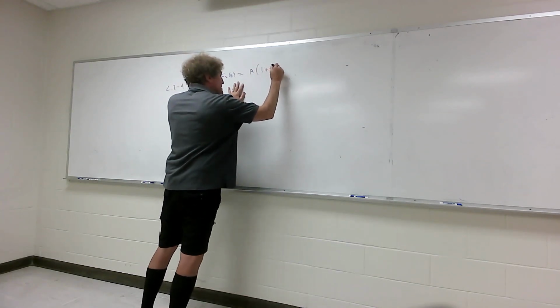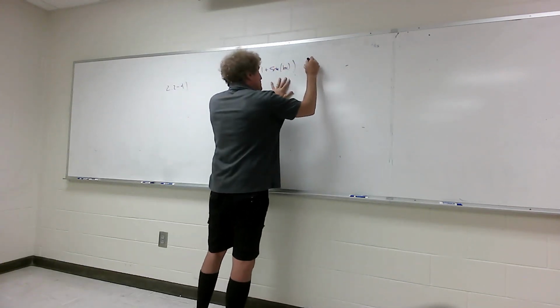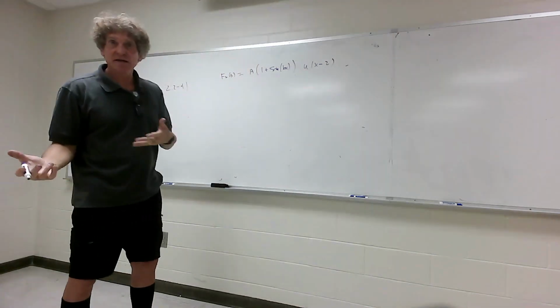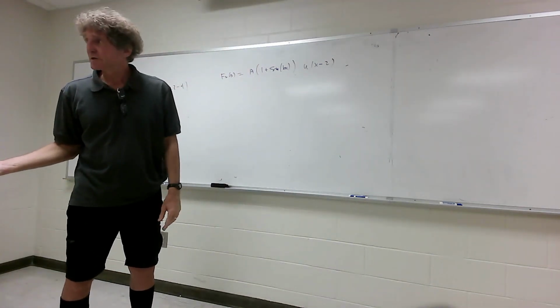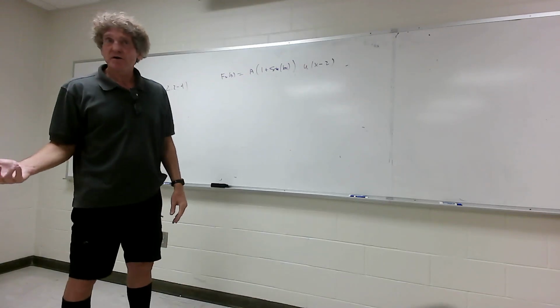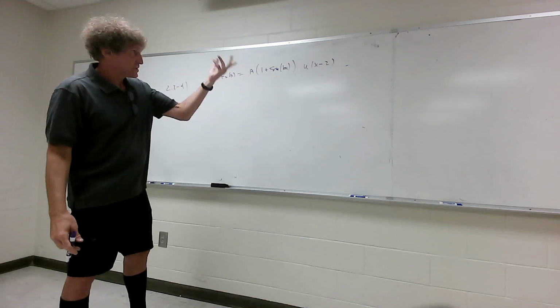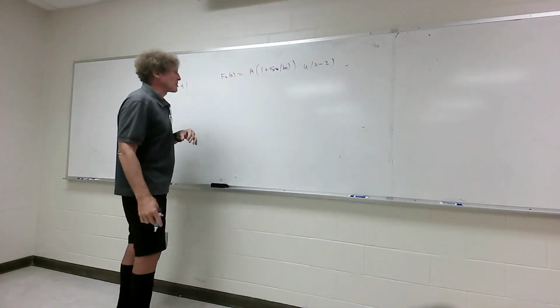It won't work with a cosine. Sine b of x, and this is going to be times u of x minus 2. Everybody knows what a u function is, a step function. Whenever the argument is negative, it is 0. So if x is 1, 1 minus 2 is negative 1, it's 0.